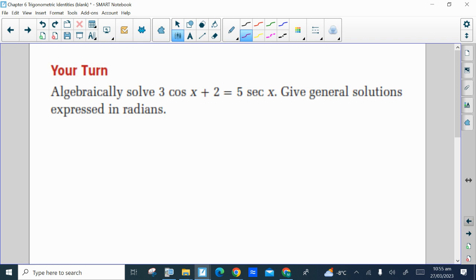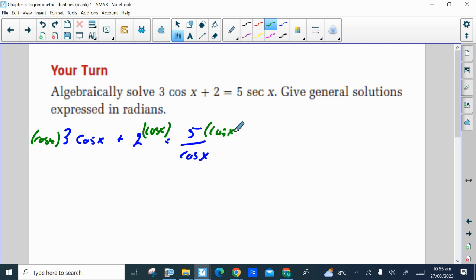So this last one we'll be doing the same way. Because 5 secant x, because secant is 1 over cos, we can write that as 5 over cosine x. And then we will multiply each term by cosine x, so that the cosine x's will cancel for that last term.